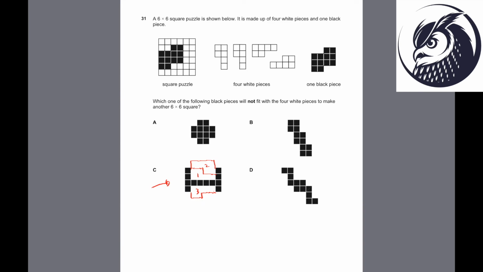So that's what I will demonstrate now. In option A, you're able to make the shapes by drawing it like this. So something like this. There you have all four white shapes around it, creating that perfect square. And over here, you have something like this.